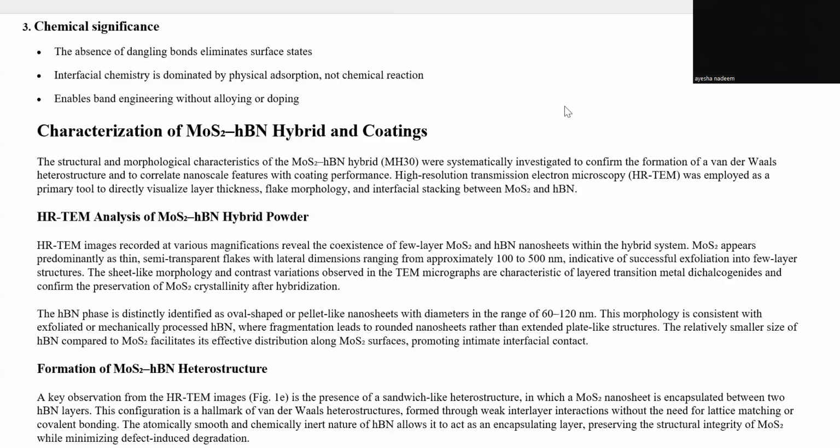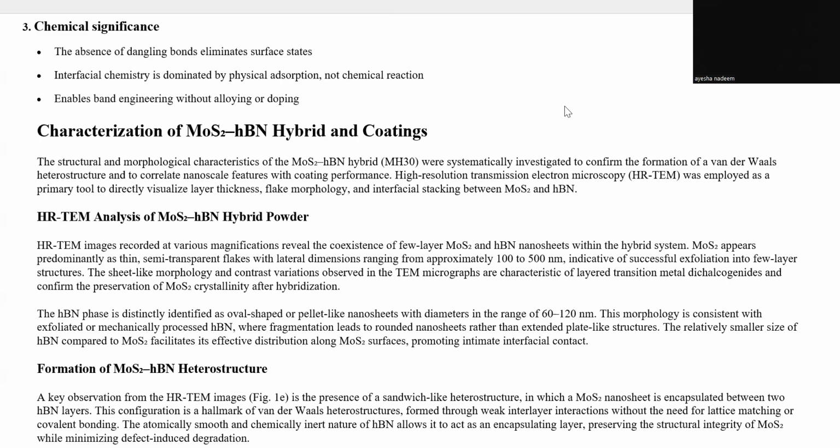Molybdenum disulfide appears predominantly as thin, semi-transparent flakes with lateral dimensions ranging from approximately 100 to 500 nanometers, indicative of successful exfoliation into few-layer structures. The sheet-like morphology and contrast variations observed in TEM micrographs are characteristic of layered transition metal dichalcogenides and confirm the preservation of molybdenum disulfide crystallinity after hybridization.